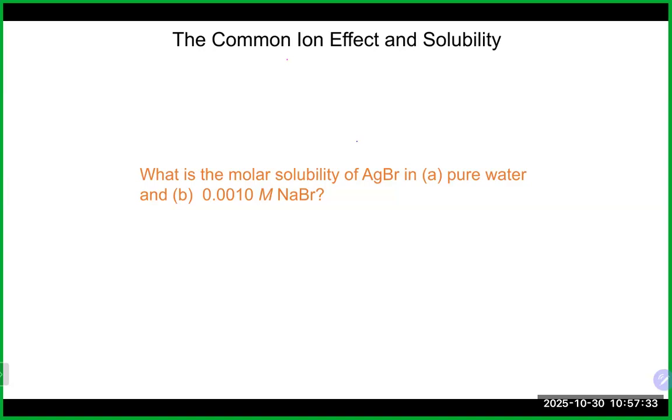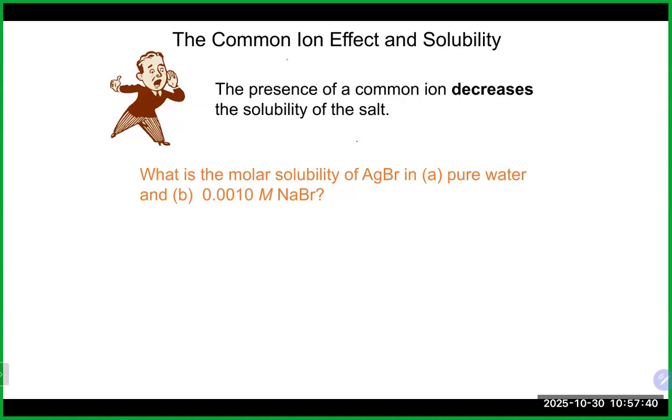And one of those things that can affect solubility is the common ion effect. And the common ion effect, much like what we saw when we were talking about acids and bases, if you remember, if you have a common ion, it basically will keep the weak acid or weak base together. And it's very much the same situation that occurs here.